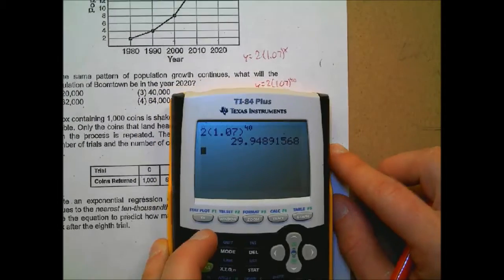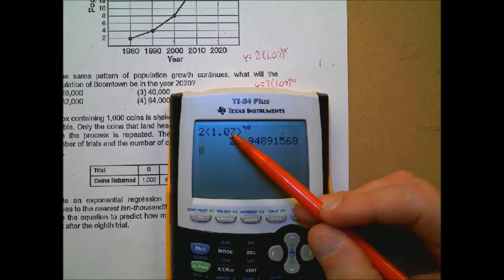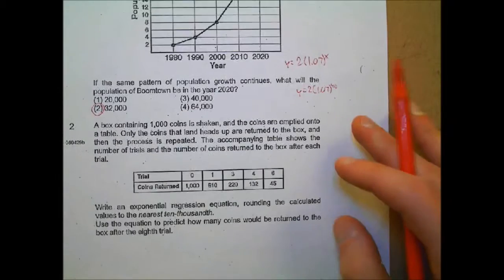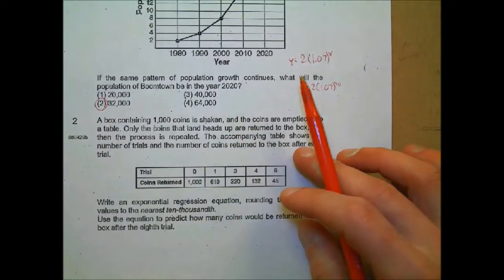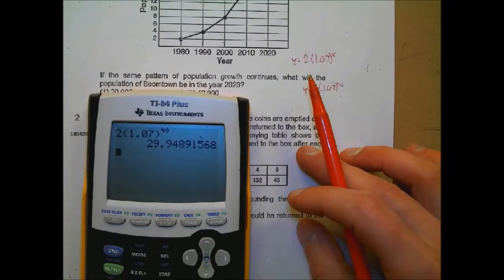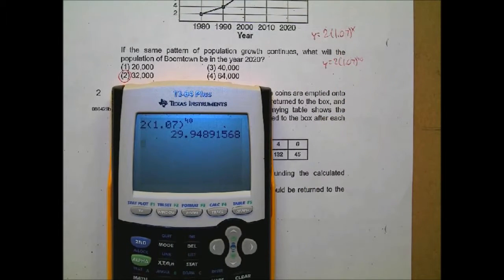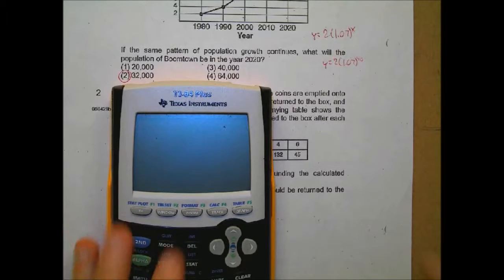When I do 2 times 1.07 to the 40th, I get 29.94, which doesn't match any of these answers, but which one is 29.94 closest to? To number 2, right, to 32,000. So that way, we would have also gotten the answer. It wouldn't have been super precise, but it was close enough to identify an answer that way too.